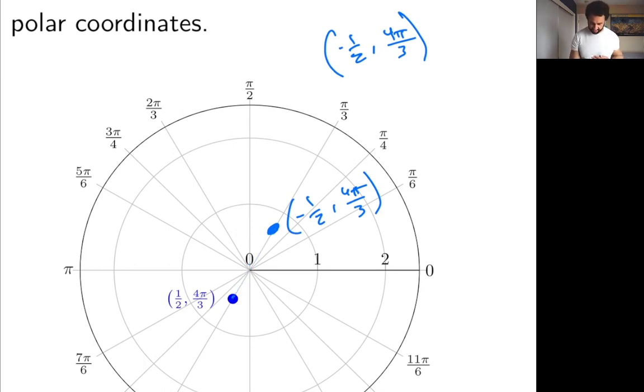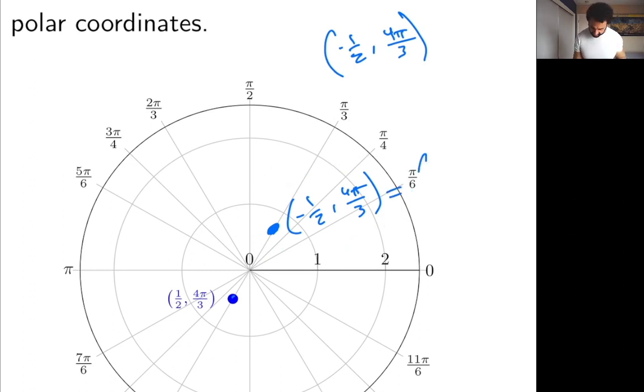So look at this right here. Maybe some of you were thinking this too. If this is the point negative 1/2 comma 4 pi over 3, some of you might have been asking, wait, couldn't I just describe that point as 1/2 comma pi over 3? And the answer is yes, you could. These 2 points are equal.